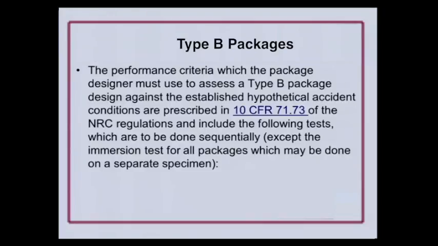It says here that the NRC regulations include the following tests, which are to be done sequentially, except for the immersion test. So you have to do this, then this, then this, very much like what we looked at in Type A. The wetting one first, and then this. But as it's listed, this is the sequence that they have to be done in. It puts the maximum stress and strain on the equipment.